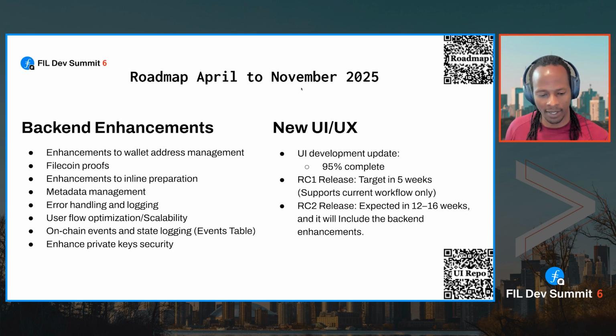And then a bit of enhancement on the inline preparation. So right now with Curio being rolled out and a lot of SPs adopting it, there is a field that is responsible for padding, or rather controls how much padding you can do to pieces, especially verified deals.